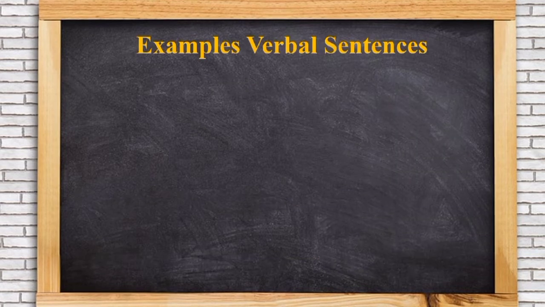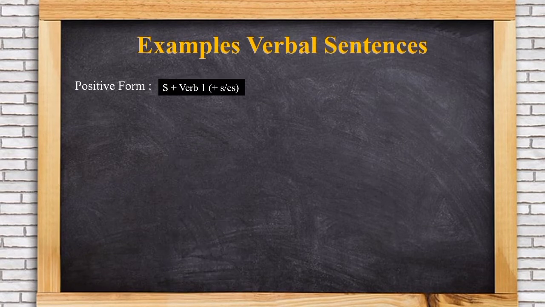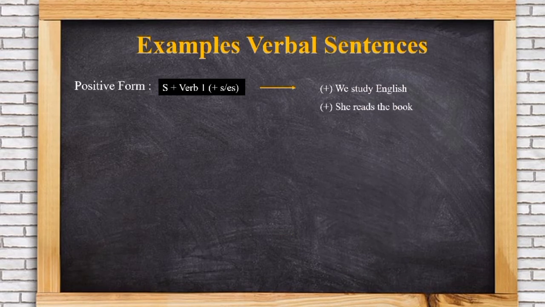In this slide, I will give examples of verbal sentences in three forms: positive, negative, and interrogative. Starting from positive form. Remember, the formula for positive form is subject plus verb 1 or verb 1 plus s or es. Now, look at the examples. Number 1.